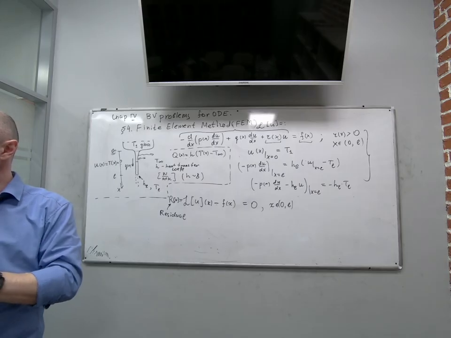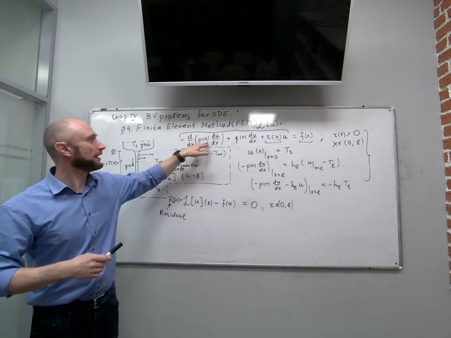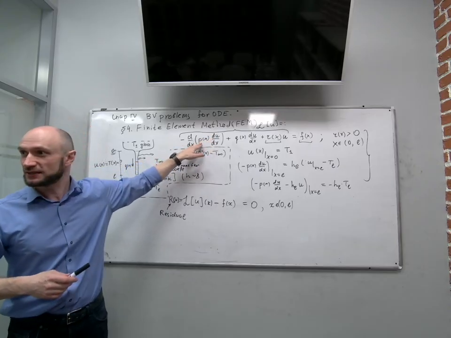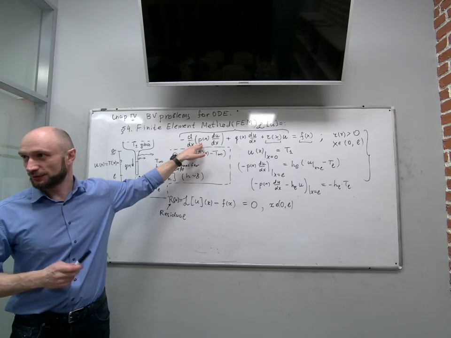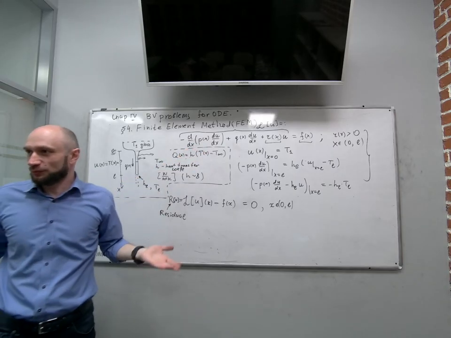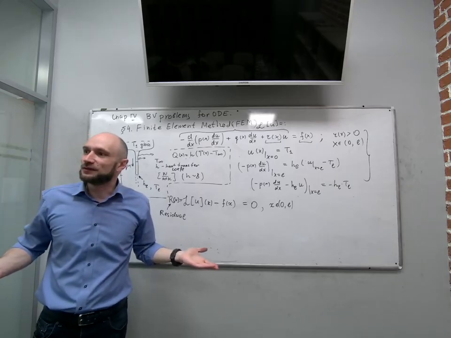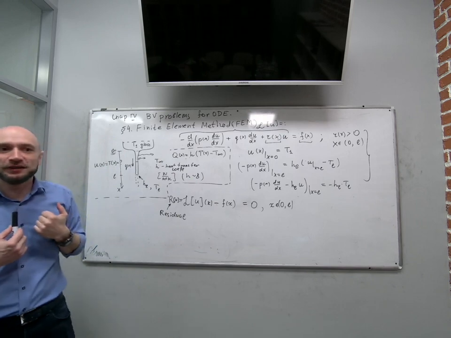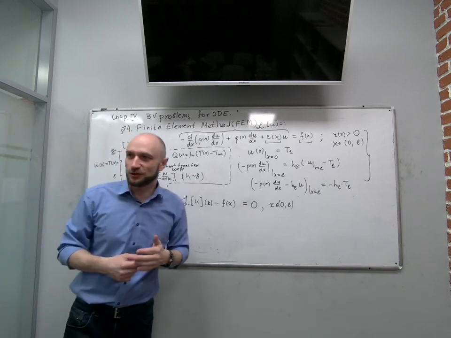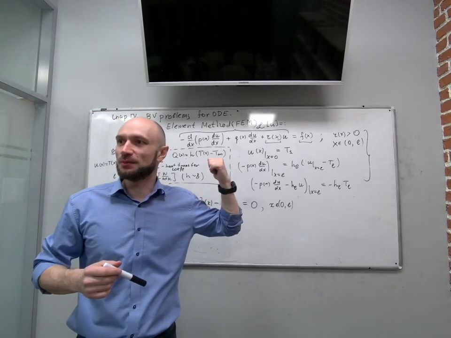You cannot differentiate this p of x multiplied by du by dx if p is discontinuous, right? So mathematically this derivative would mean nonsense. But this is a very common situation in real life, that this coefficient changes abruptly.